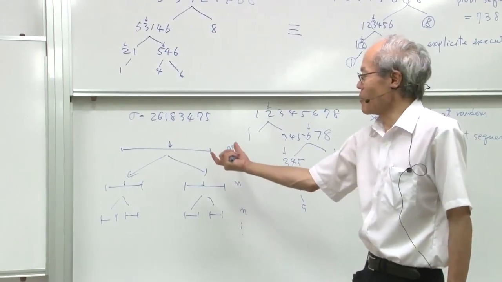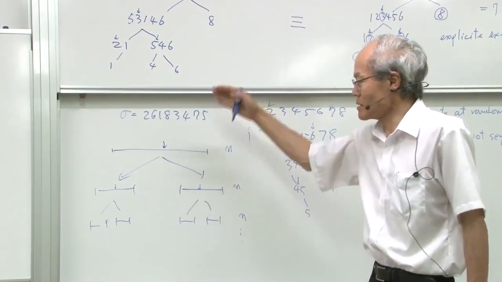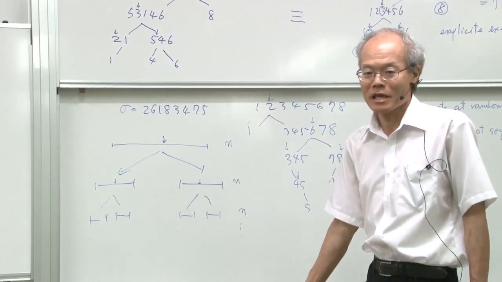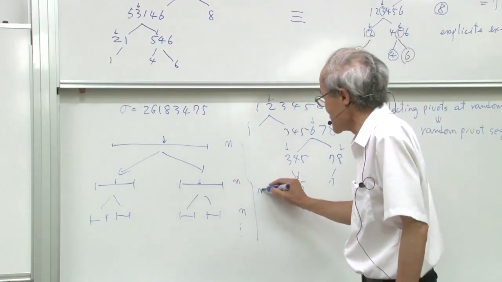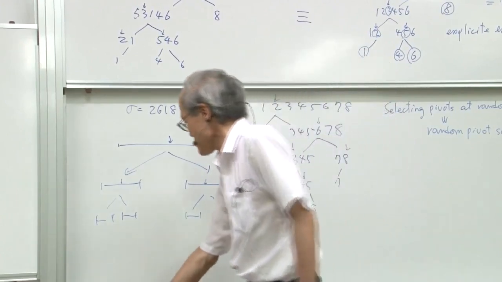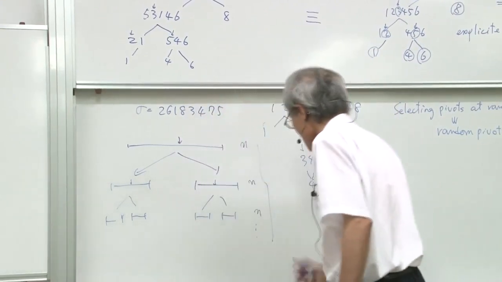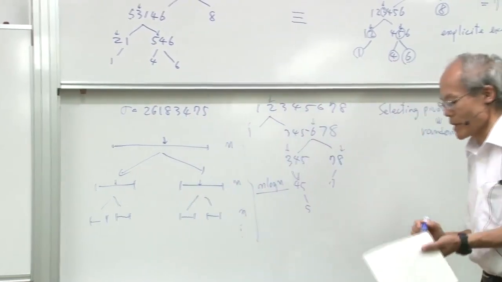Because it's always halving. That means the total comparison is something like n log n.